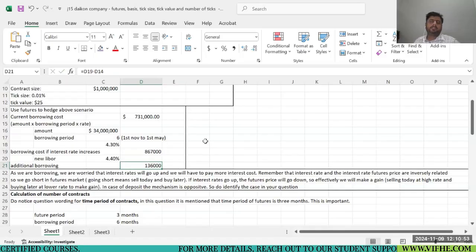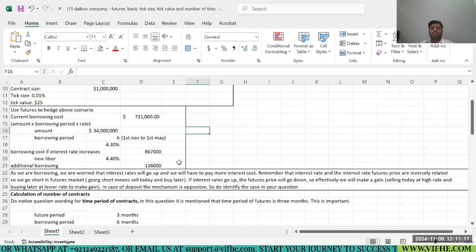5.1% is the new borrowing rate. Current LIBOR is 3.6%. If LIBOR increases by 0.8, it will move to 3.6 plus 0.8 is 4.4. I can borrow at LIBOR plus 70 basis points. So 4.4 plus 0.7 will be 5.1%.